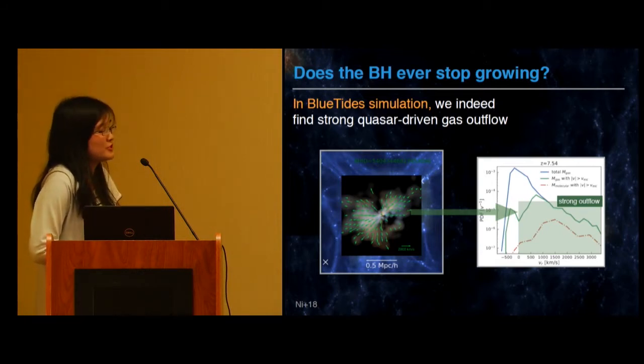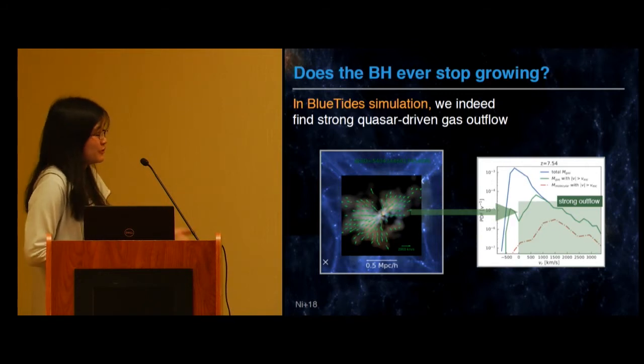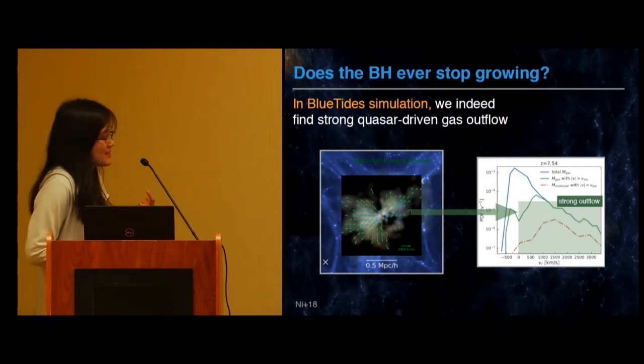So this is the image of the outflowing gas that is really escaping from the host halo. And here is the histogram of the radial velocity for all the gas in the host halo. The green shaded area is the outflowing gas that is escaping the black hole, which can reach velocities up to thousands of kilometers per second. And the red envelope there is the molecular gas, which is actually forming the stars.